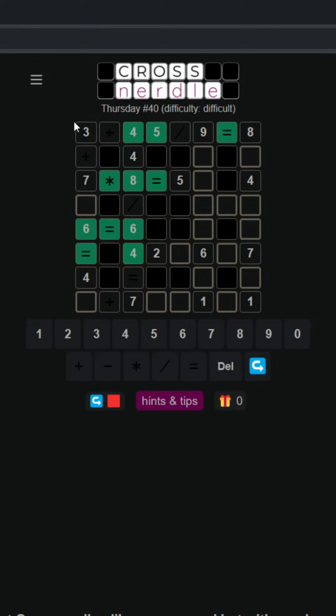Wait, this is just part of this? What was I thinking? 3 plus 7 is 10. How do we get into a 4-digit number from that? What? Because 10 times 6 is 60.